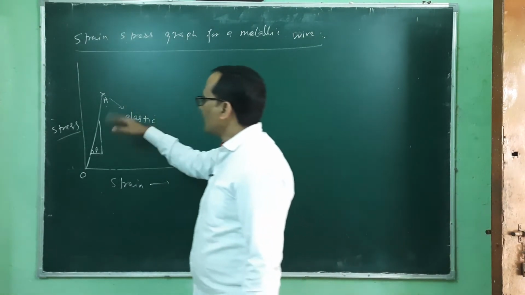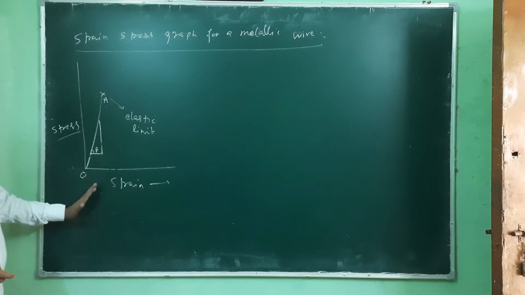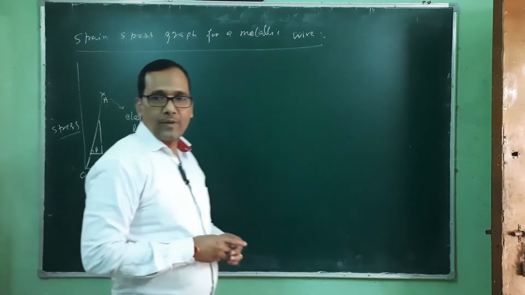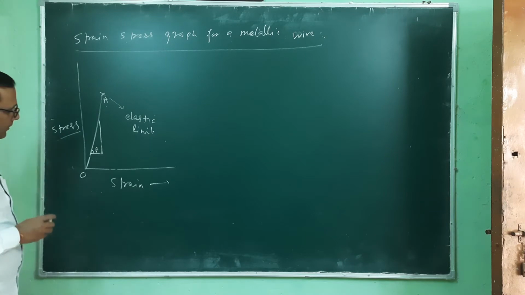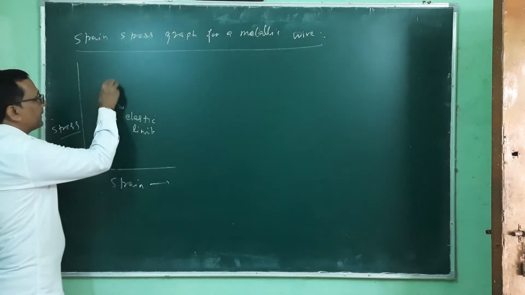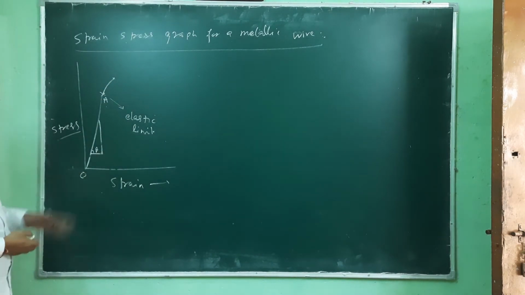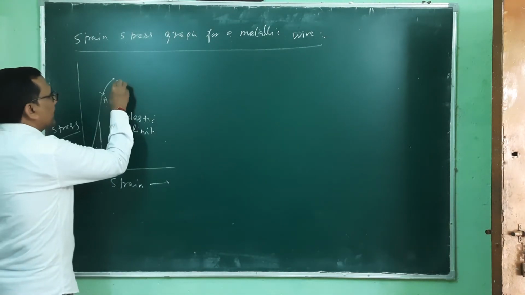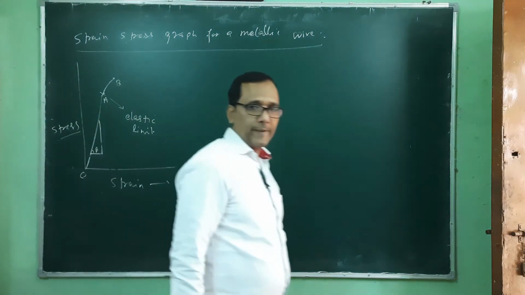Up to this limit its behavior is elastic, and when we remove the force, the system will come back to its original size. After this point, when we apply further force, the shape of the line changes slightly. It is no longer changing in a proper ratio, and this point is B. Here slightly more strain is obtained.